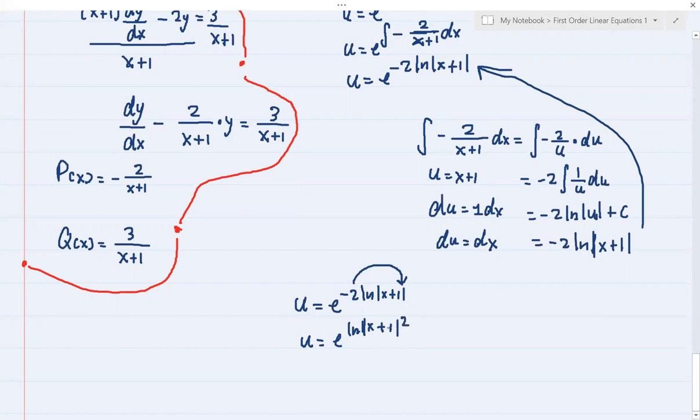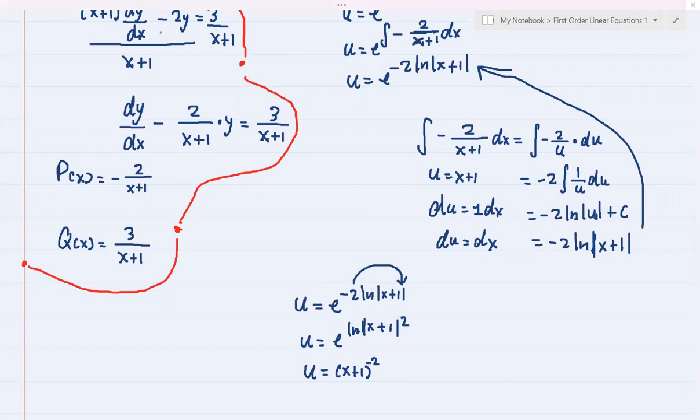Okay. So in here, since we have ln of x plus 1 squared, therefore we will have u is equal to x plus 1 squared, by the laws of logarithm. Okay? So that's it. It's supposed to be negative 2, forgive me. It's supposed to be negative 2.